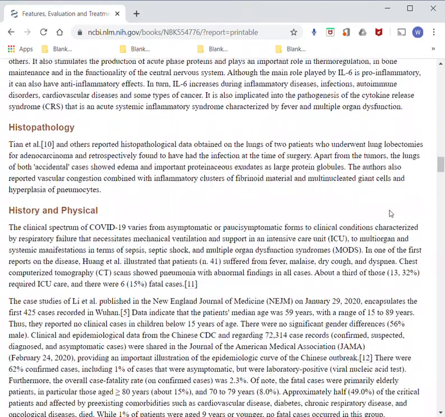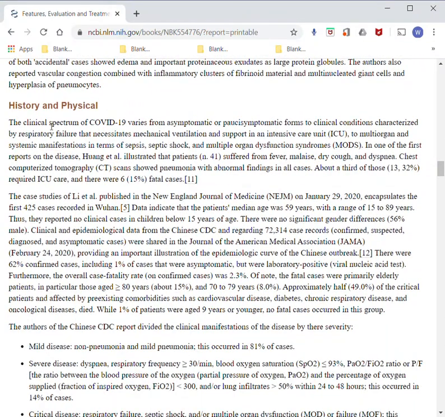So if we go down to history and the physical section, this states the clinical spectrum of COVID-19 varies from asymptomatic or polysymptomatic forms to clinical conditions characterized by respiratory failure that necessitates mechanical ventilation and support in the intensive care unit, also known as ICU, to multi-organ, meaning many organs, and systematic manifestations in terms of sepsis, septic shock, multiple organ dysfunction syndrome, known as MODS.